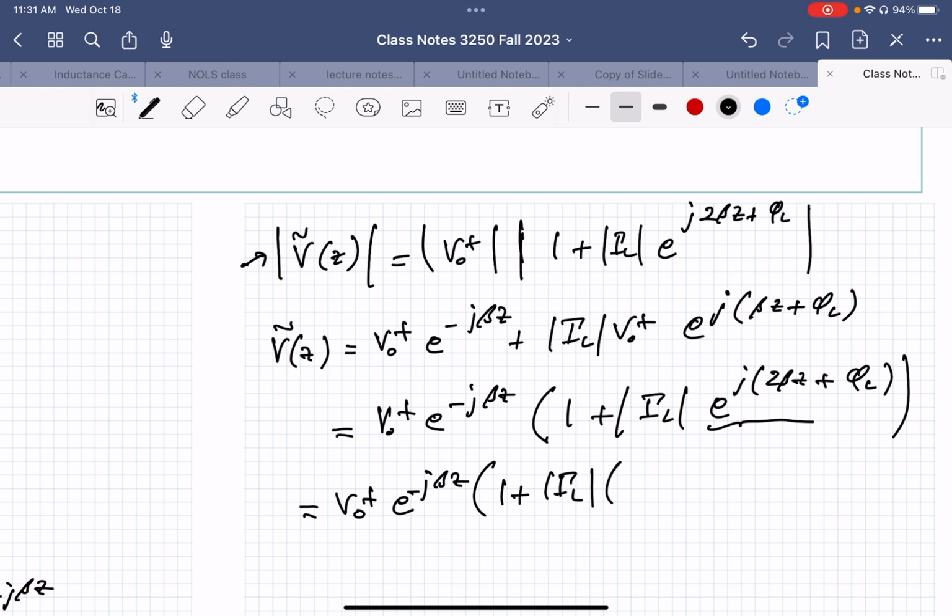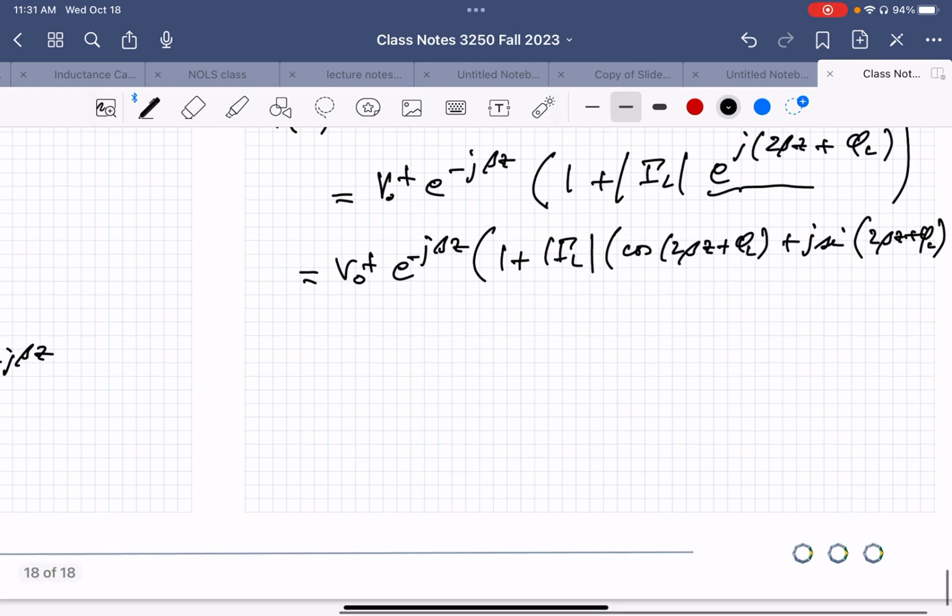So we end up with cosine of 2 beta z plus phi sub L plus j sine of 2 beta z plus phi sub L. Here's the parentheses.